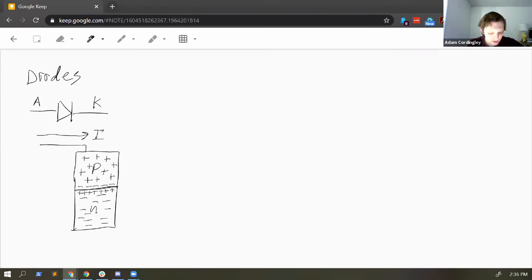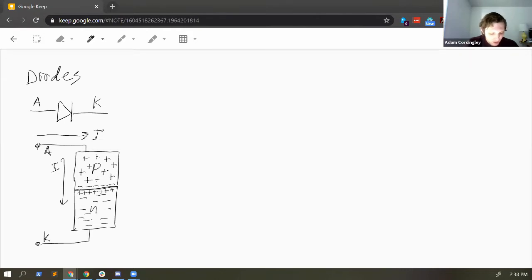Now, this would be the anode of my diode, and this would be the cathode of my diode. If I want to pass a current through my diode, I first need to overcome this voltage, or apply enough electric field so that this inversion layer flips.